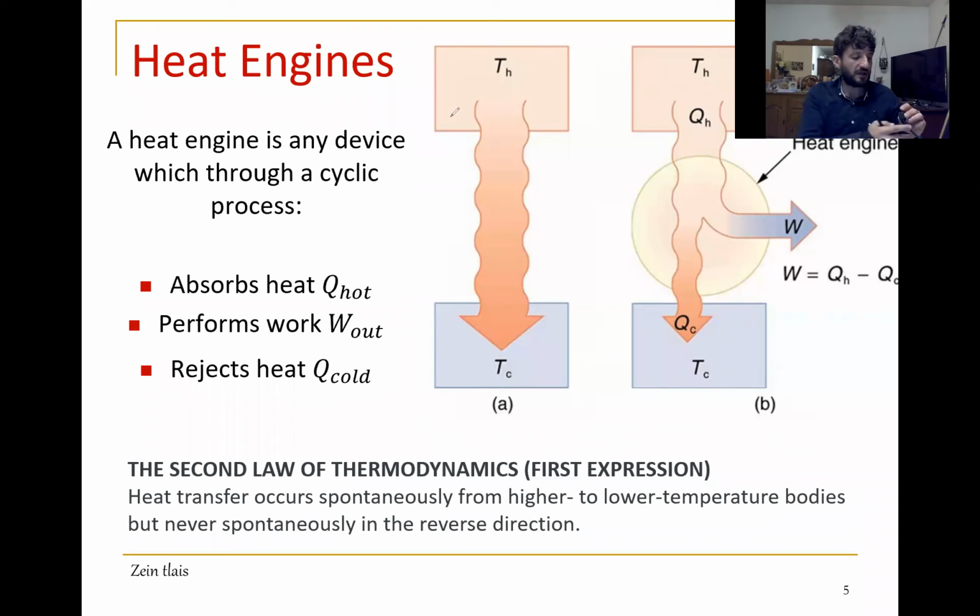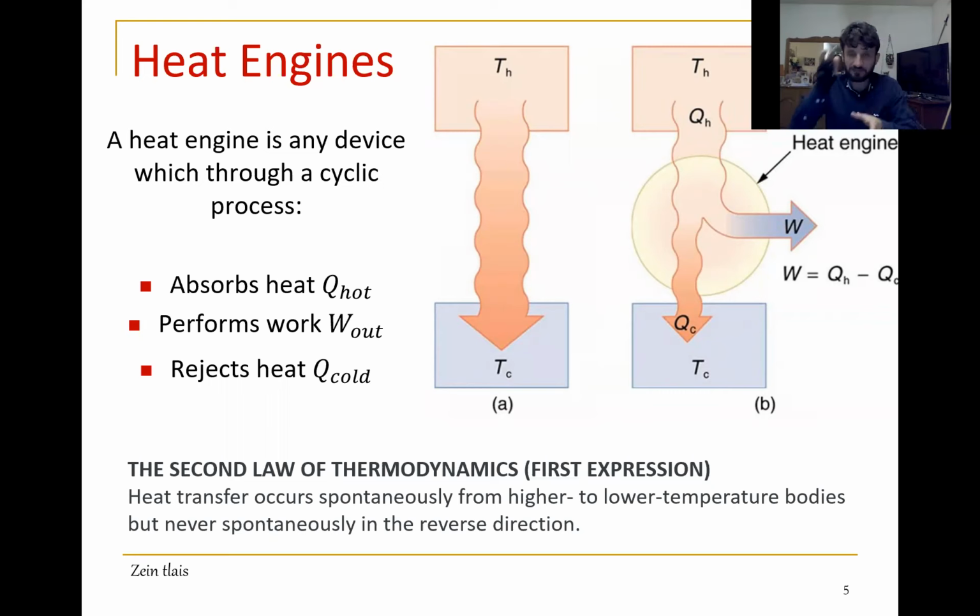So for heat engines in general, you have to know the general map of the operation of the heat engine. You have a high temperature T high, where we have the ignition of the fuel. This high temperature gives a quantity of heat to the engine.